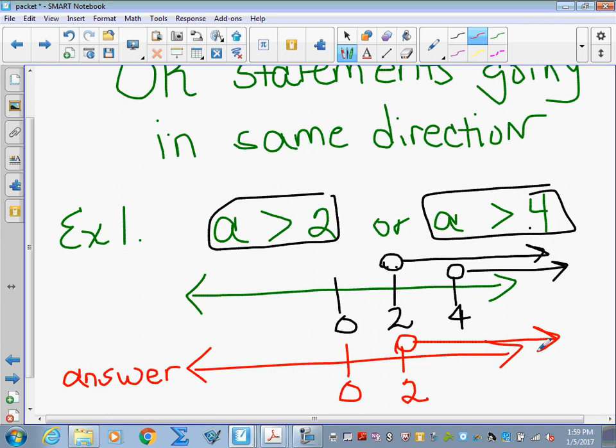So basically you start with the one that's furthest back, because that would include the other one. See how it comes across the other one? So you don't need to have this one here. There's no need for it because this one takes care of both. So when they're going in the same direction, make sure you only give me one answer, not both.